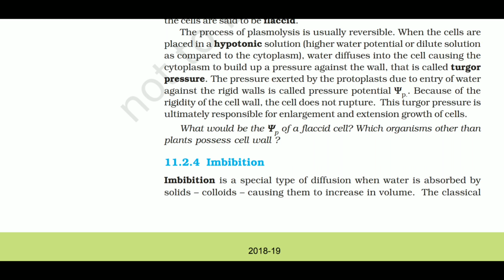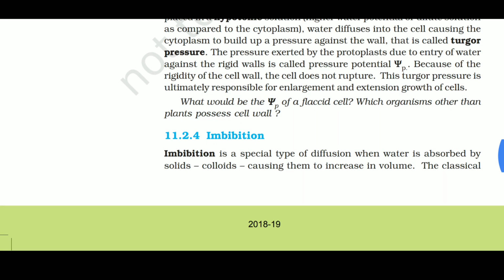When the cells are placed in a hypotonic solution, with higher water potential or dilute solution compared to the cytoplasm, the water diffuses into the cell, causing the cytoplasm to build up a pressure against the wall. We call this turgor pressure.